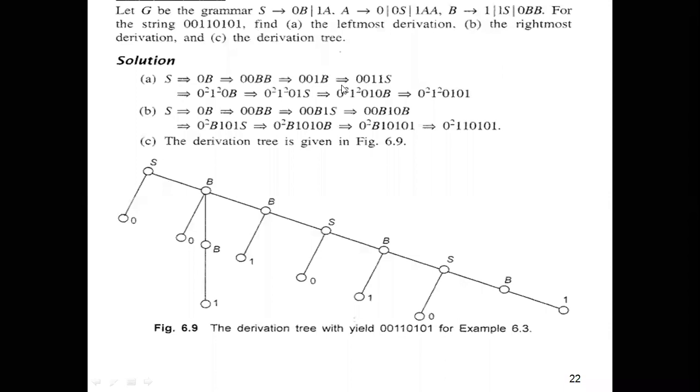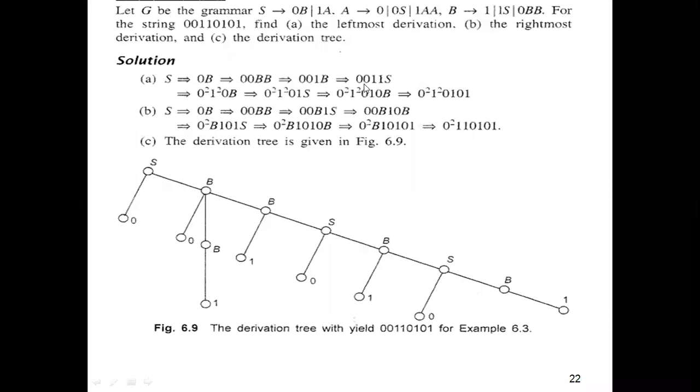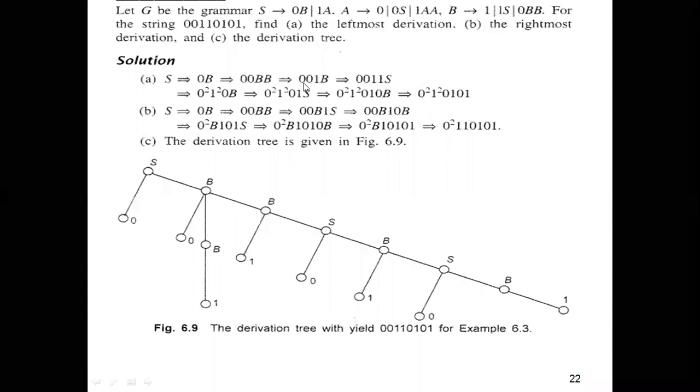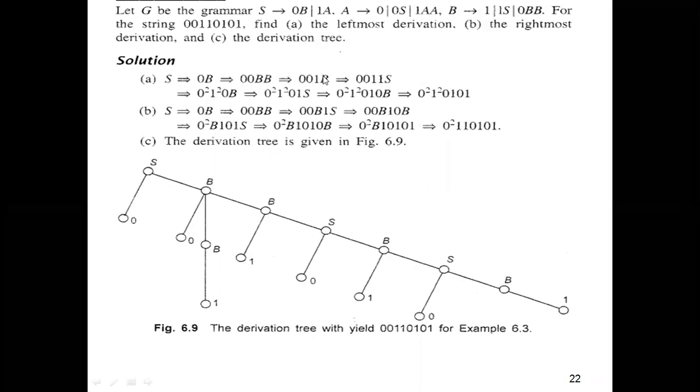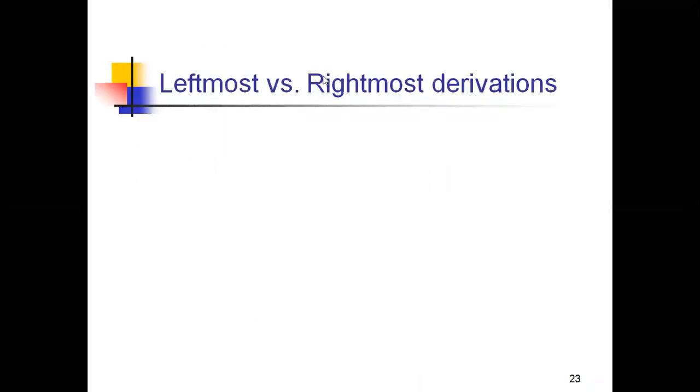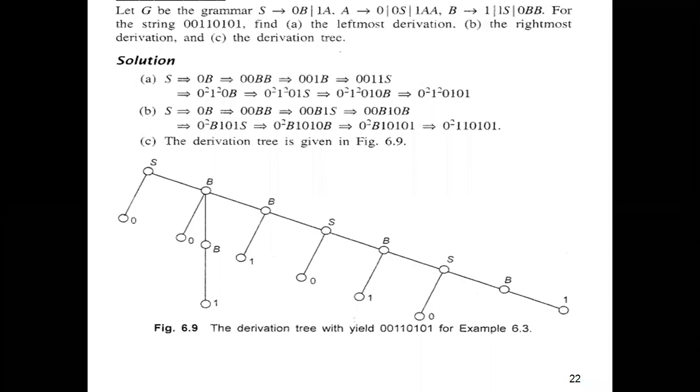In the place of this S here I'm having something. Let's see here. 00, in the place of the B, if you substitute 1S, because B has the rules either 1 or 1S or 0BB, to get a 1 I need to substitute 1S from the B, right?